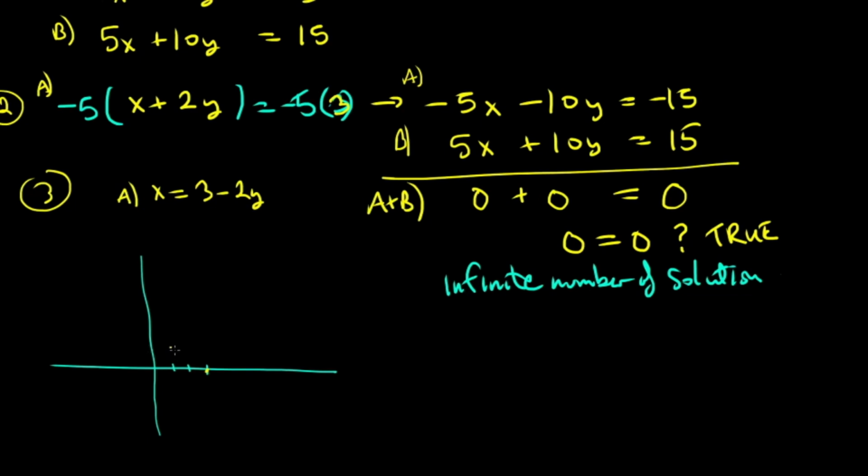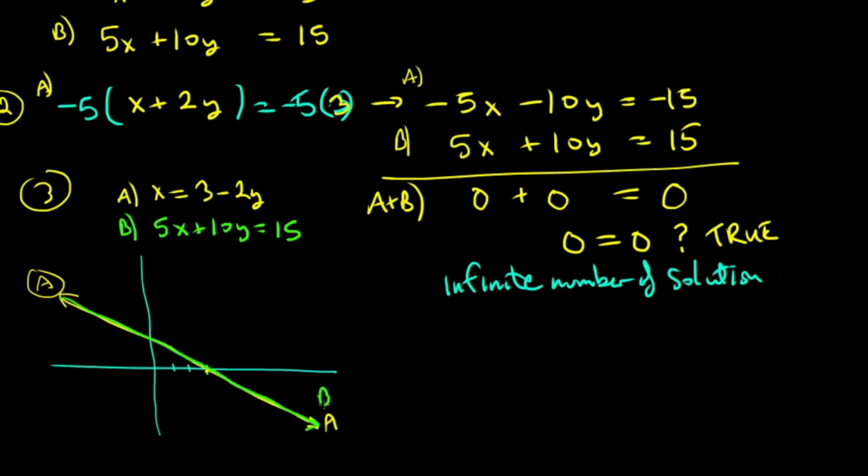So (1, 1). So line A looks something like this. Now, if we graph line B, 5x plus 10y equals 15, you get this. Yep, same exact line. So line A and line B are identical. These are identical lines.